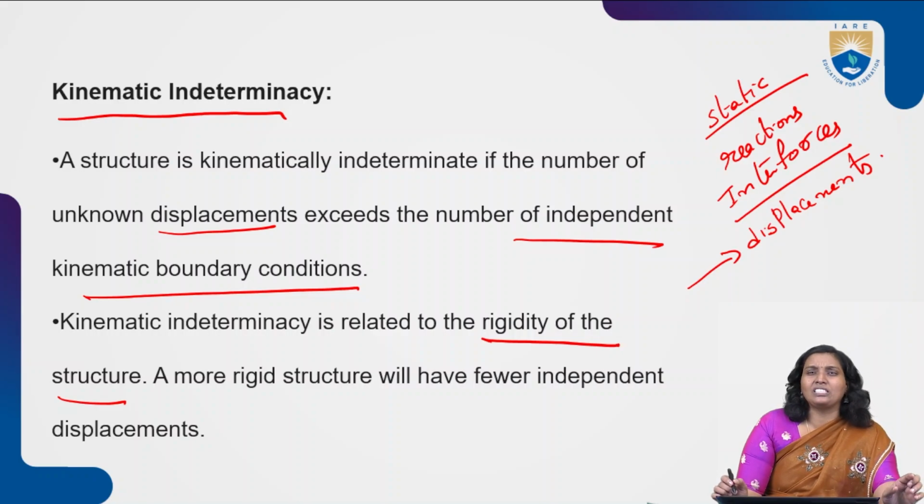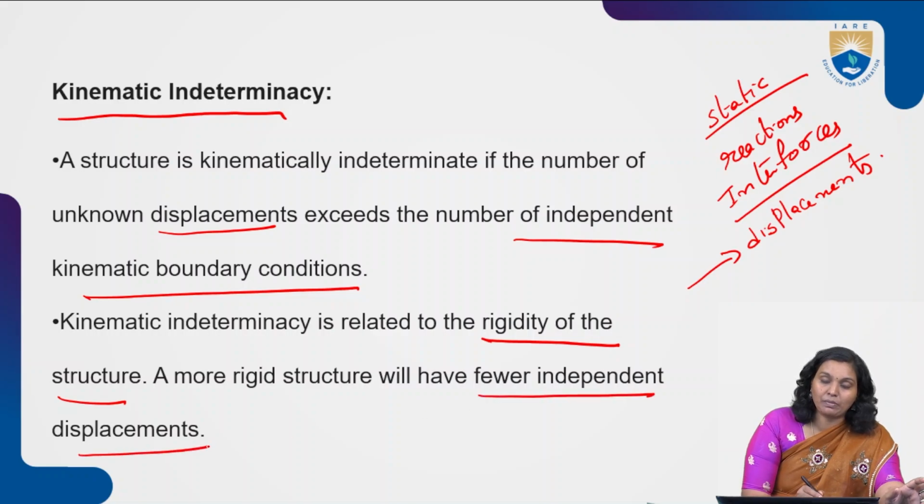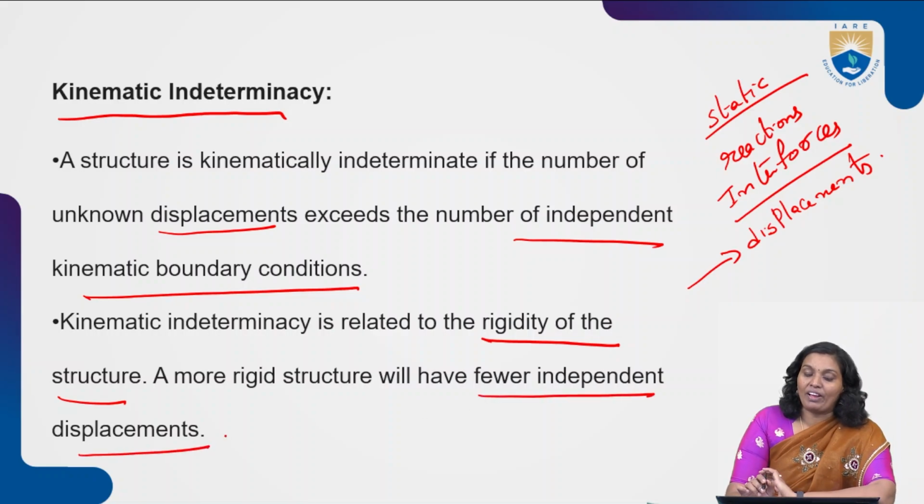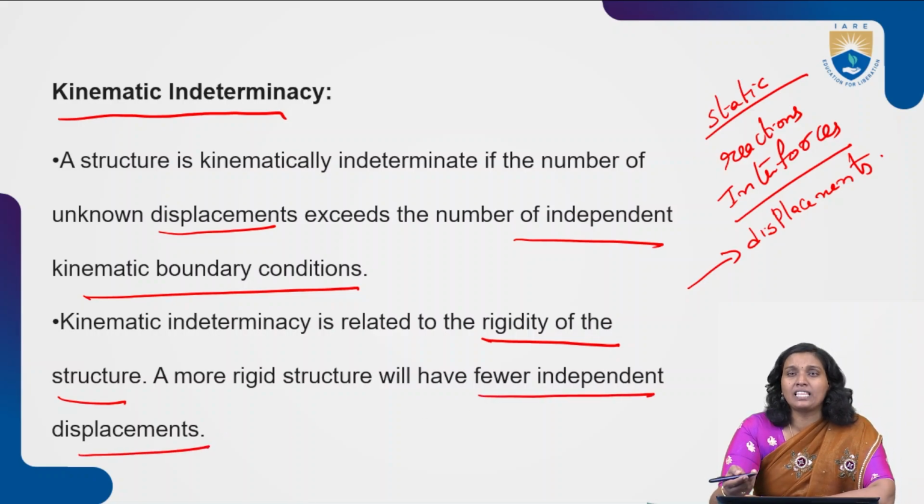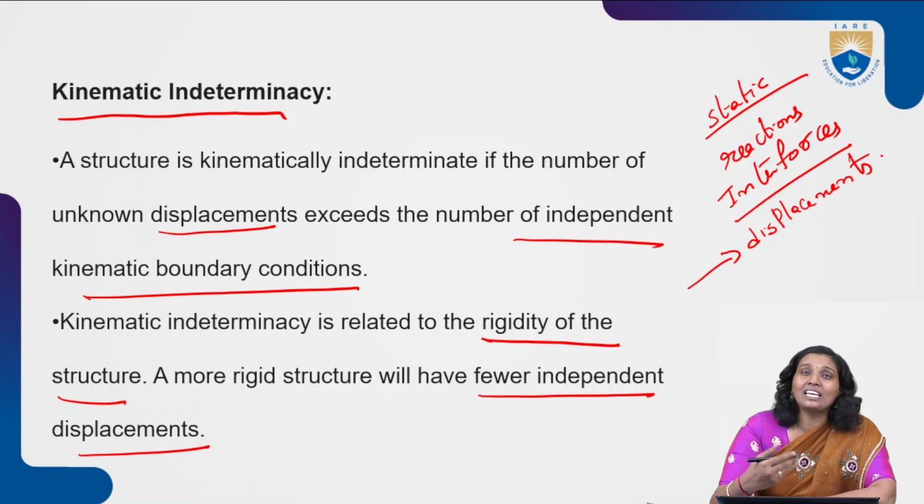A more rigid structure will have fewer independent displacements. Whenever there is flexibility, the independent displacements are more. Such structures are known as kinematically indeterminate.